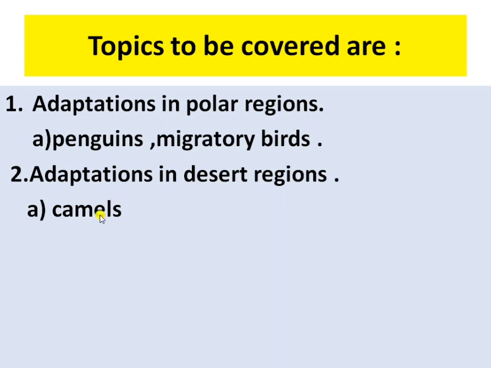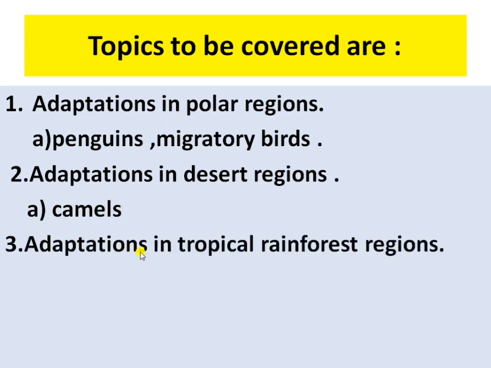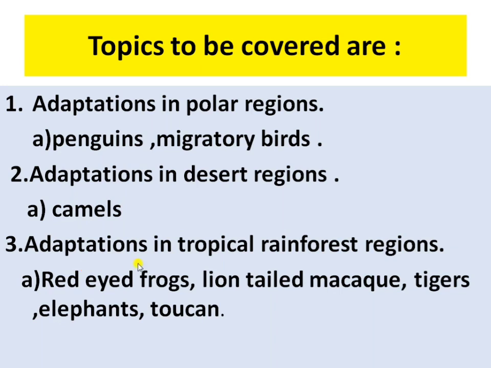Then adaptations in tropical rainforest regions. The animals in tropical rainforest regions are red-eyed frog, lion-tailed macaque, tigers, elephant and toucan.